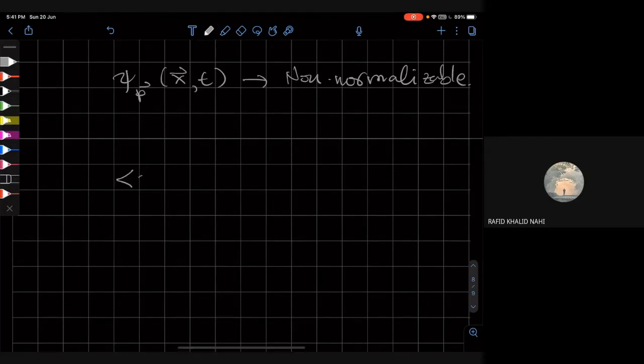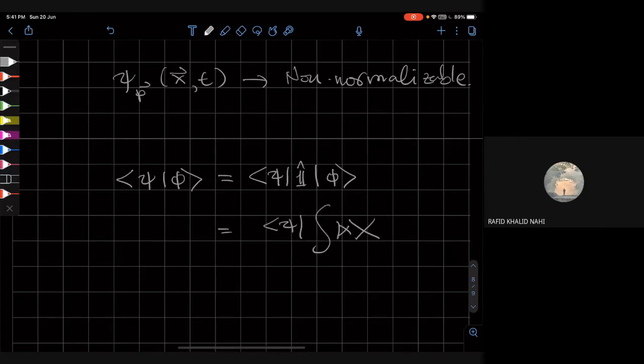So if I take the inner product of 2 states, psi and phi, what I can do is that I can introduce between them the identity operator, okay? That doesn't change anything. And then we can write the identity operator in terms of the position operator like that.